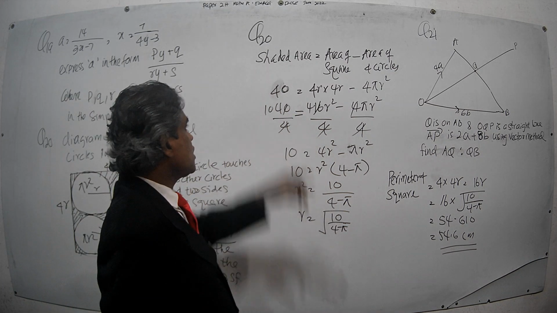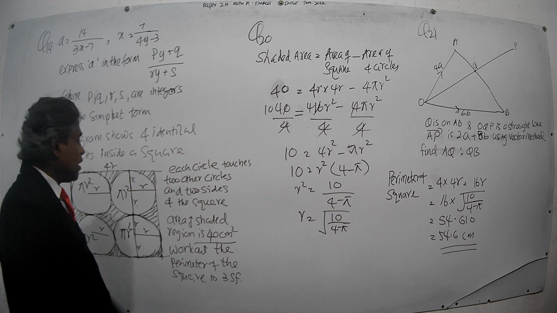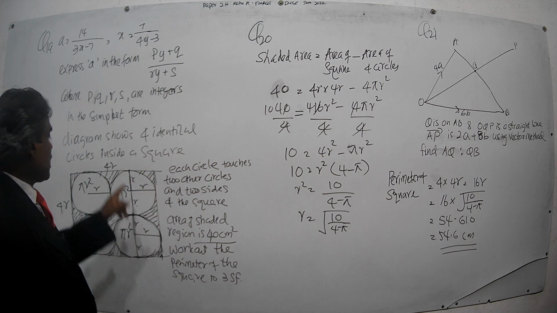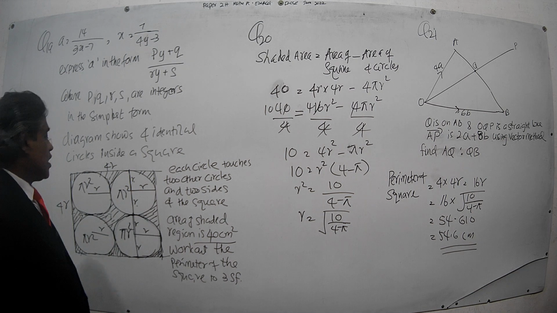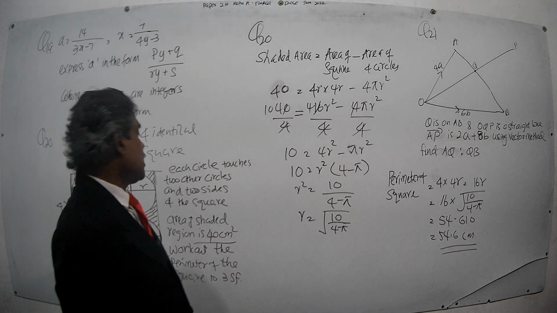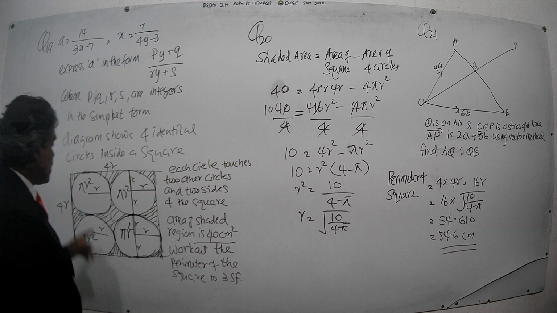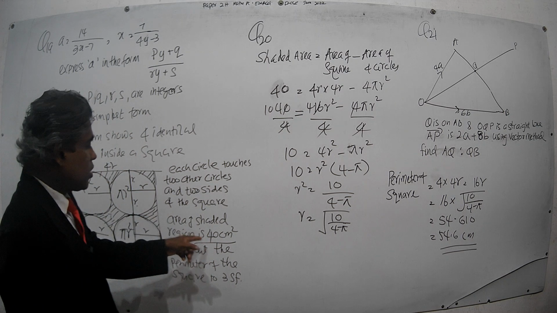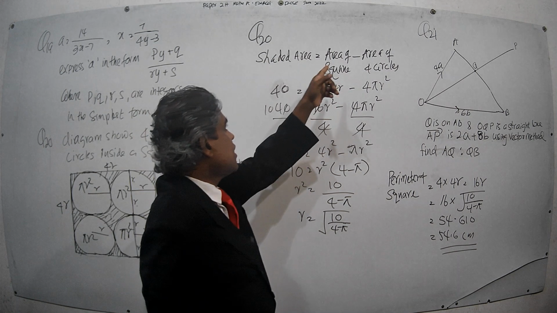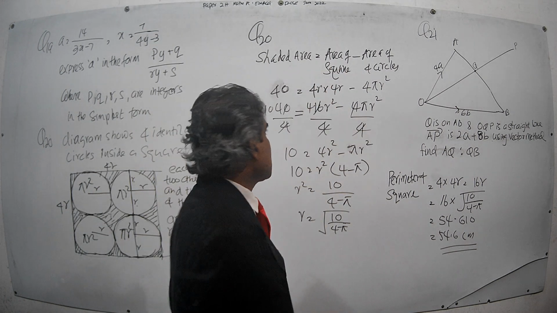Then we wrote the statement for the shaded area. Here, the length of one side of the square is 4r, if the radius of each circle is r. They say the shaded area, the area inside the square but outside the circles, is 40. Then we wrote the shaded area as the area of the square minus the area of the 4 circles.